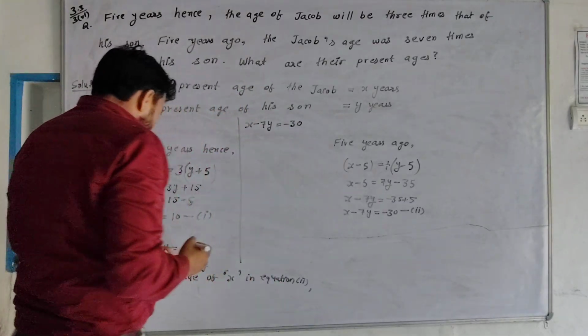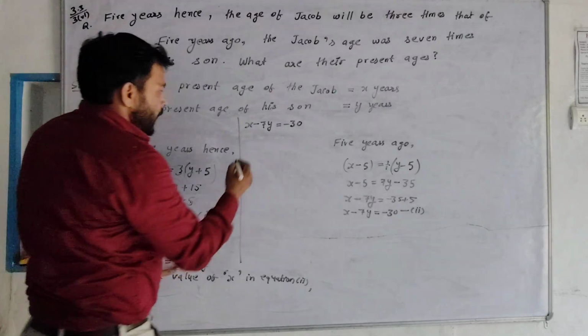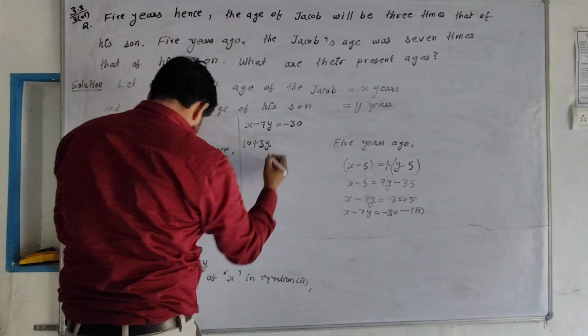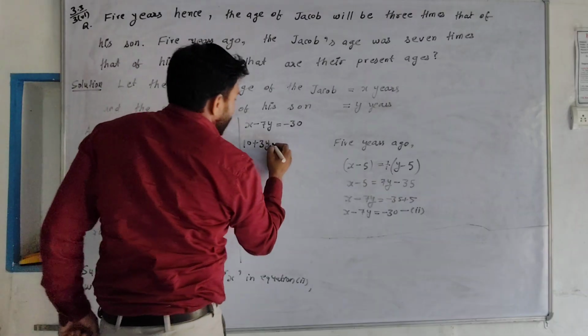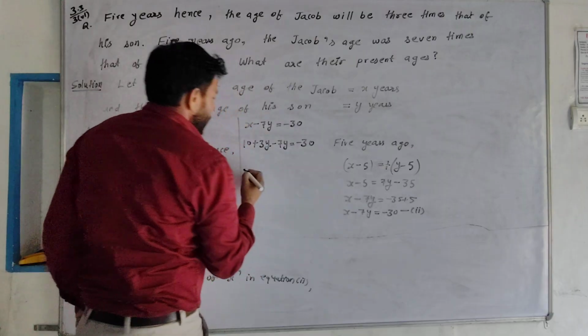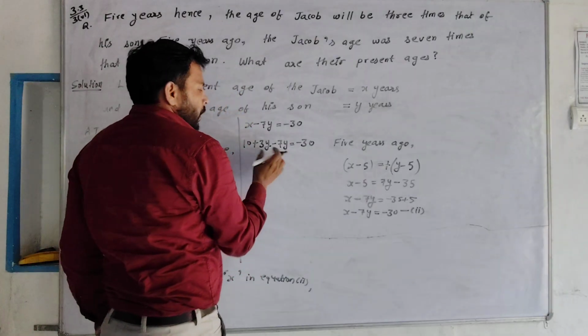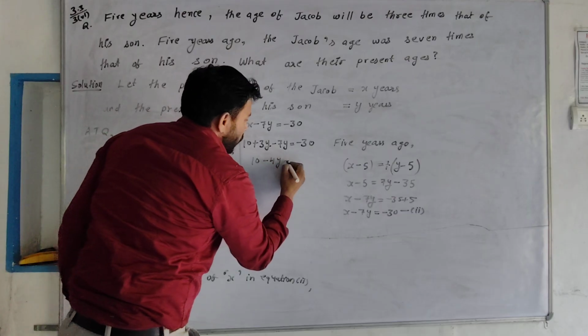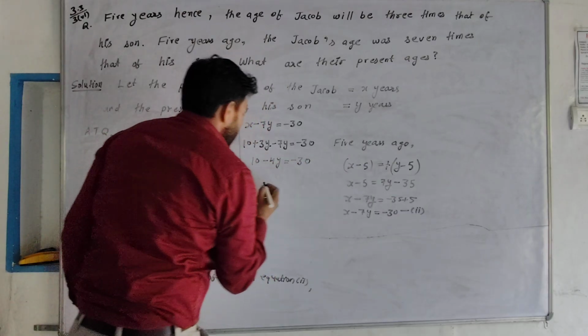Now putting the value of 10 plus 3y, 10 plus 3y minus 7y equal to minus 30. Here 3y minus 7y, now remaining minus 4y equal to minus 30.